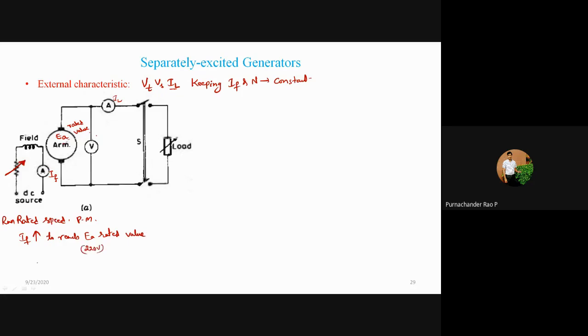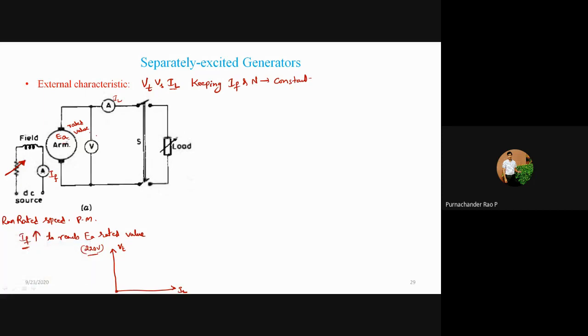So as per our no load characteristics, if IF is increased, your generated voltage is increased. It reaches 220 volts. So the characteristics can be seen like this. Here I'll take IL and VT. The load is not connected, so the load current is zero only.